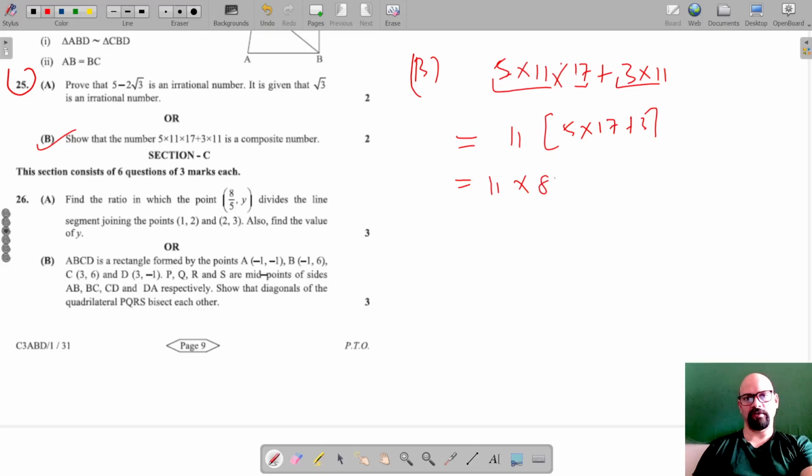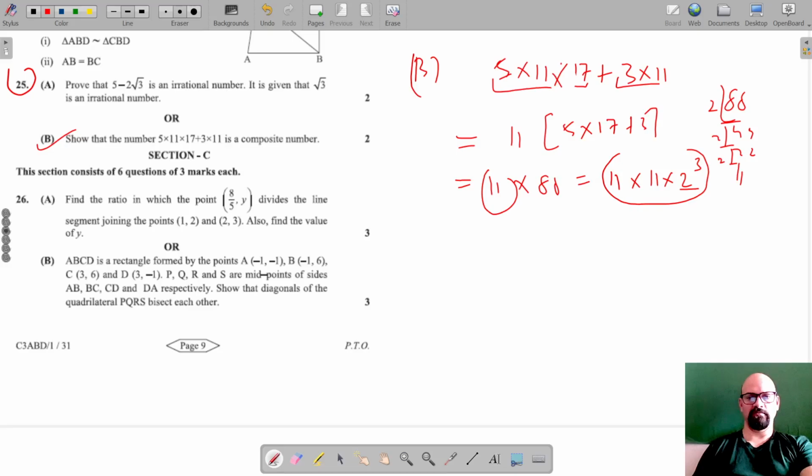So 11 into 88, and I can write it as 11 into 2 cube, because if we factorize 88, this is 44, 22, and 11. So this is 11 into 2 cube. So that means this number can be expressed as a product of other factors; these are the other factors, 11 and 2.